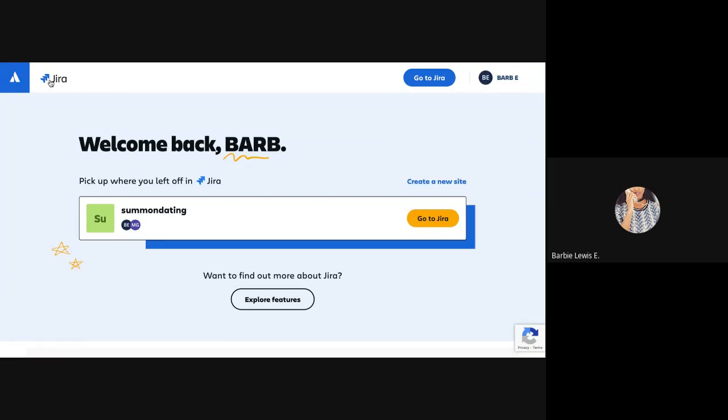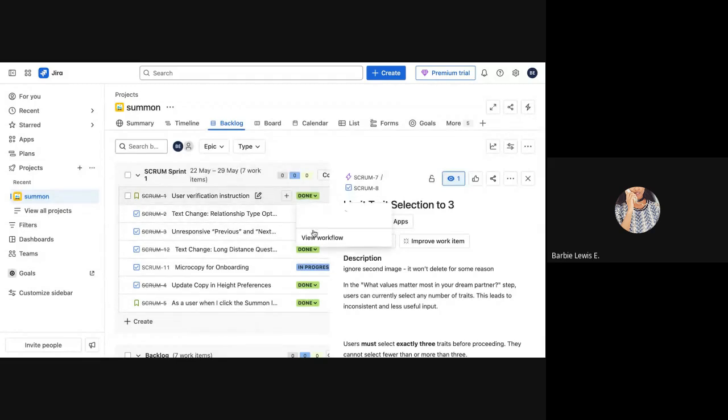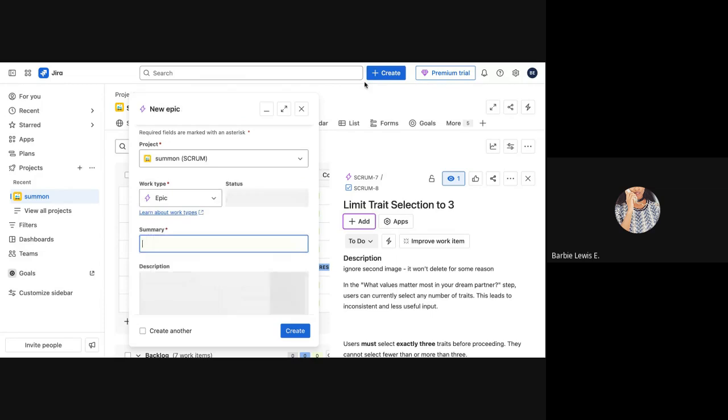To give you a quick idea of what Jira looks like, this is it right here. So these are the tickets that my co-founder has already done. He's marked them as done. When you want to create a ticket, if you want to try this at home, like if you want to just try this in your free time, what you can do is just click on create. This is the home screen for Jira.